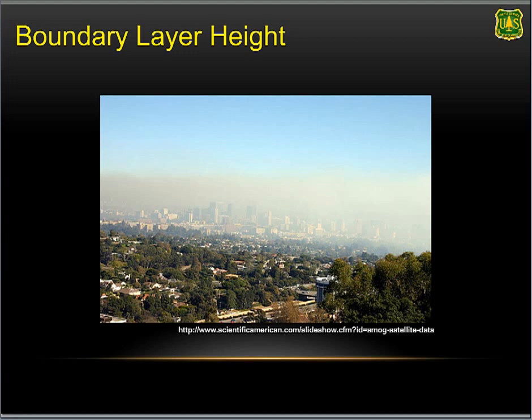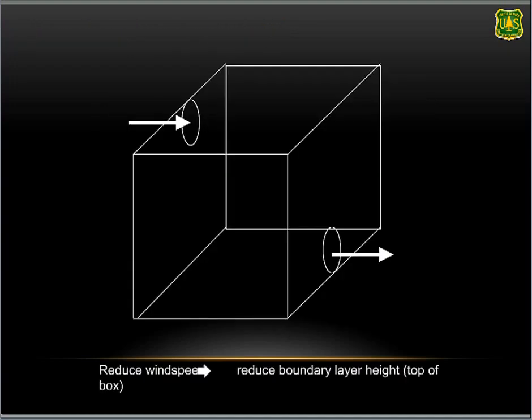And you can hopefully see in this image that brownish haze layer where the smog is being formed, and above it is blue. What happens is the height to which the atmosphere mixes becomes very important in terms of concentration. So the height of the box, this boundary layer height, is important, because if I compress that box down and make it lower, I will increase the concentrations.